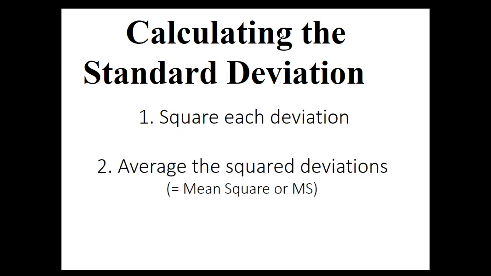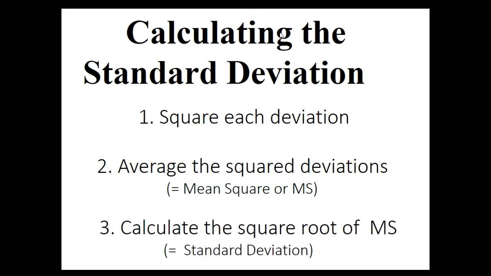Next, you average the squared deviations, and this gives you the mean square. Remember that. It's called the mean square. It's just the average of all these squared deviations. Then finally, you calculate the square root of the mean square. And this square root is the standard deviation.